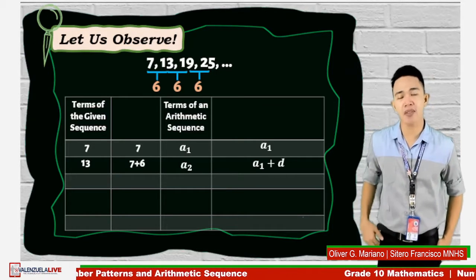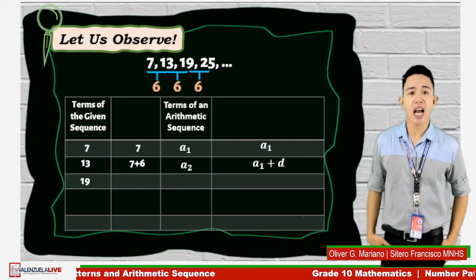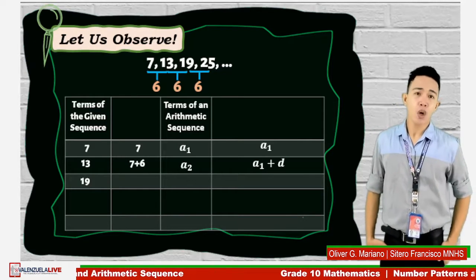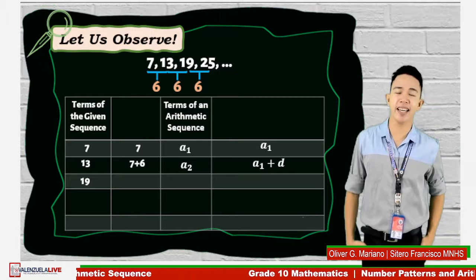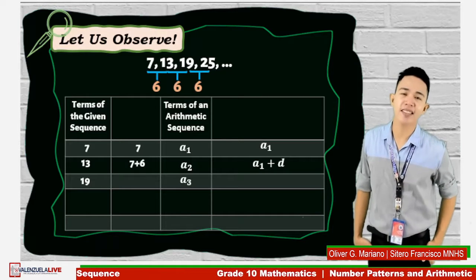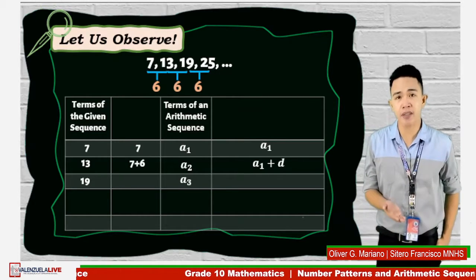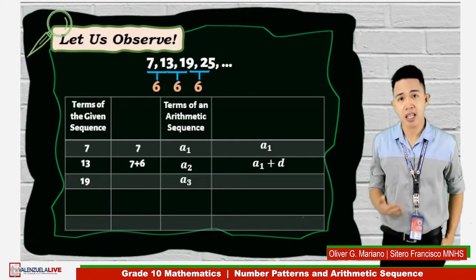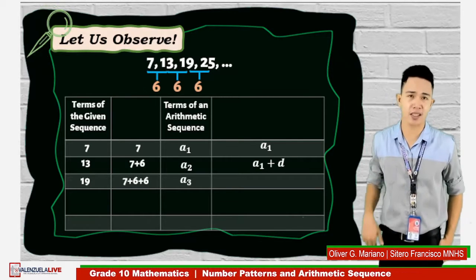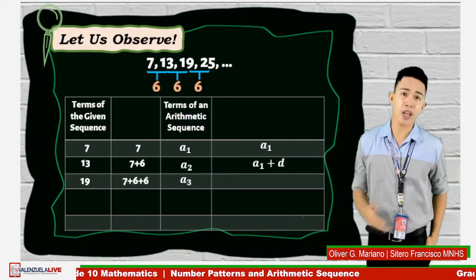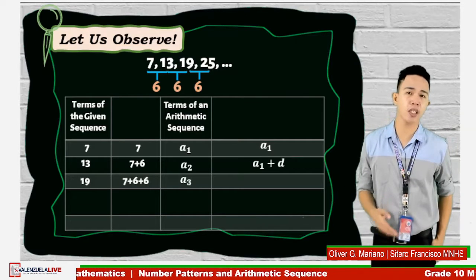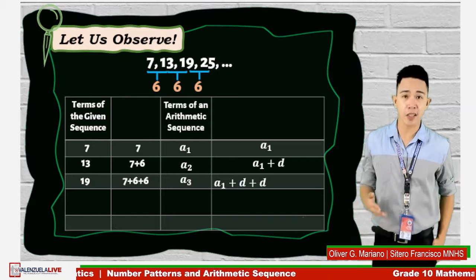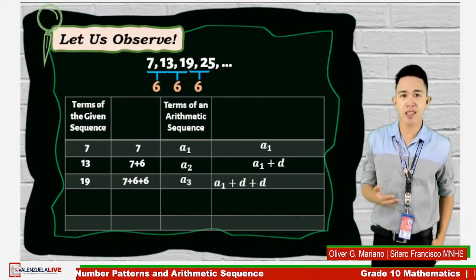Continuing, we have 19, our third term, which is denoted by a sub 3. As you may have observed, 19 is equal to 7 plus 6 plus 6. In other words, a sub 3 is equal to a sub 1 plus d plus d.